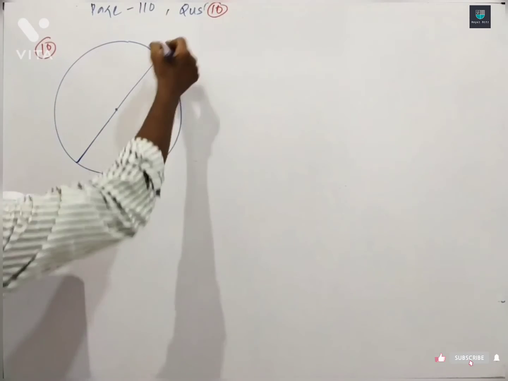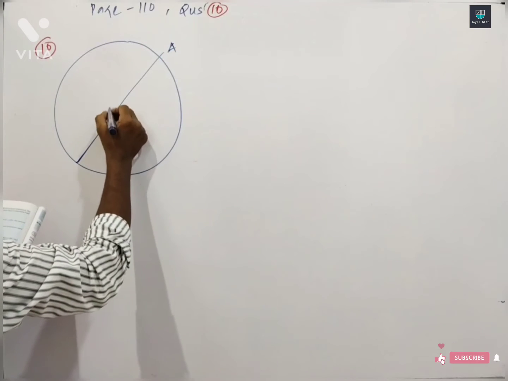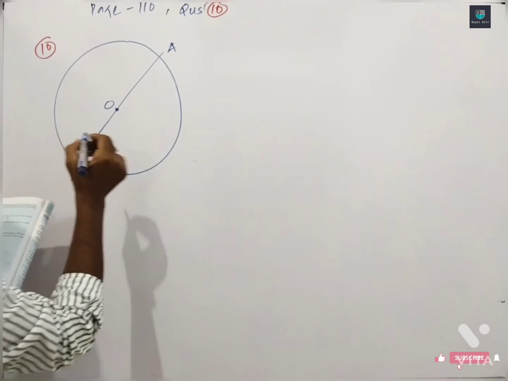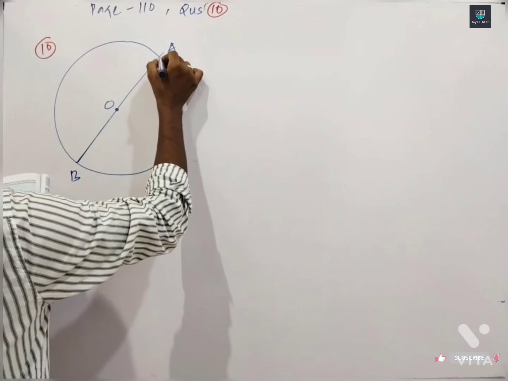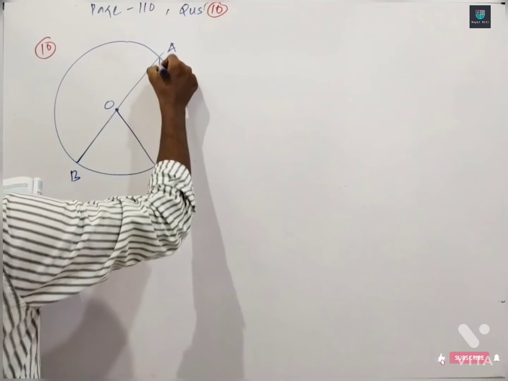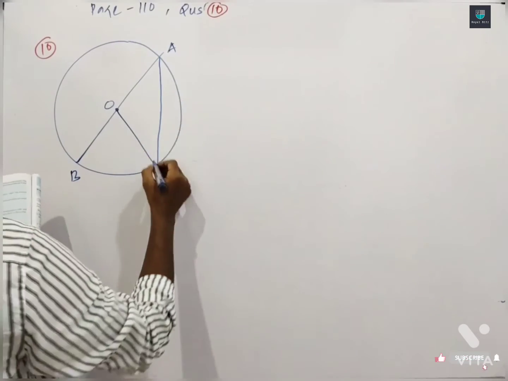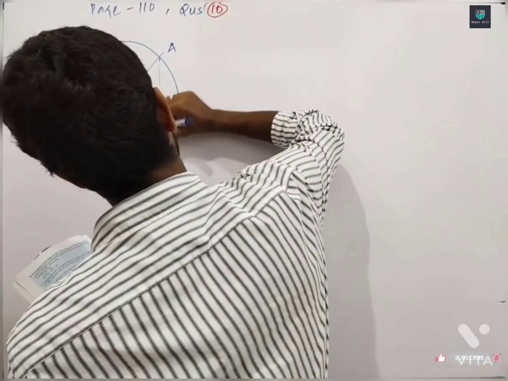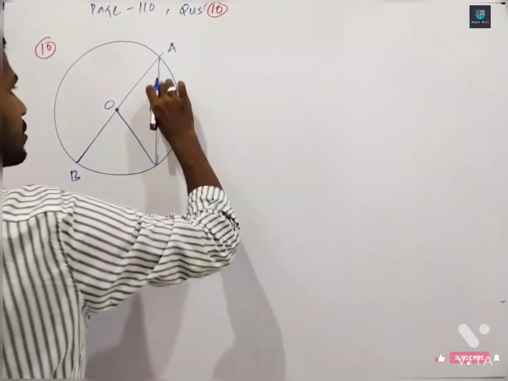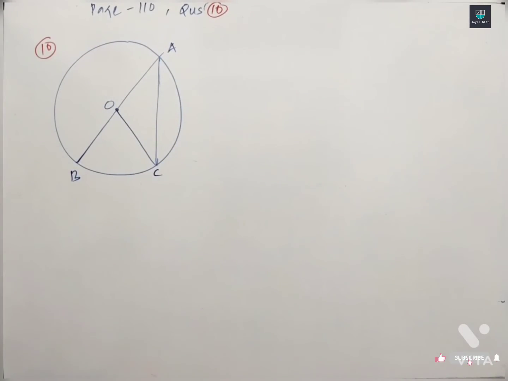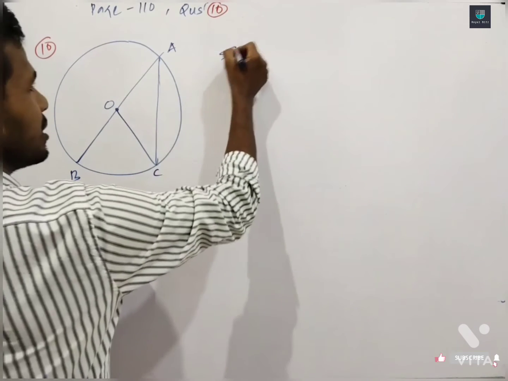So this is A, this is O, center, B, and this is C. Okay, we have to show that. Very easy question, this one, I think.